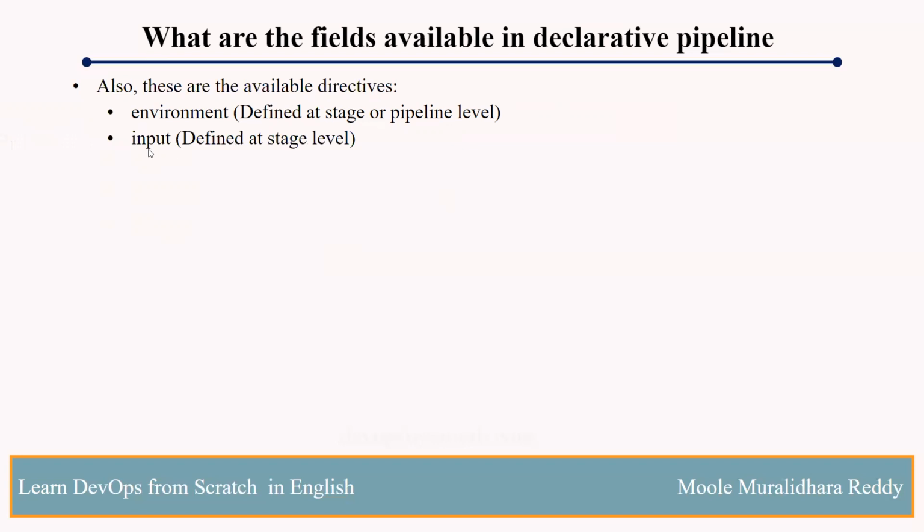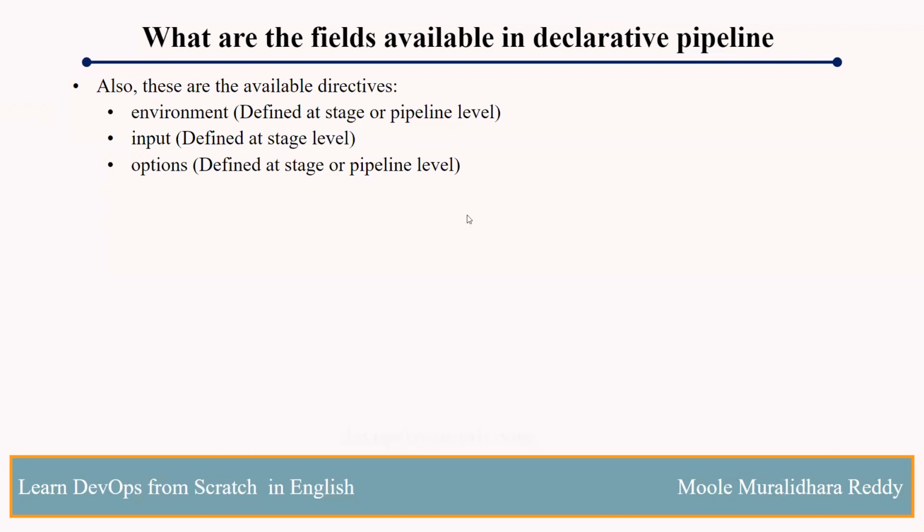Okay, in case you want to give any input options, when you give the input value, it will run the particular stage. If you want to define like that, we can use the input. It will be at stage level only. And also if you want to define options, you can define them at the pipeline level or stage level, inside the particular options.